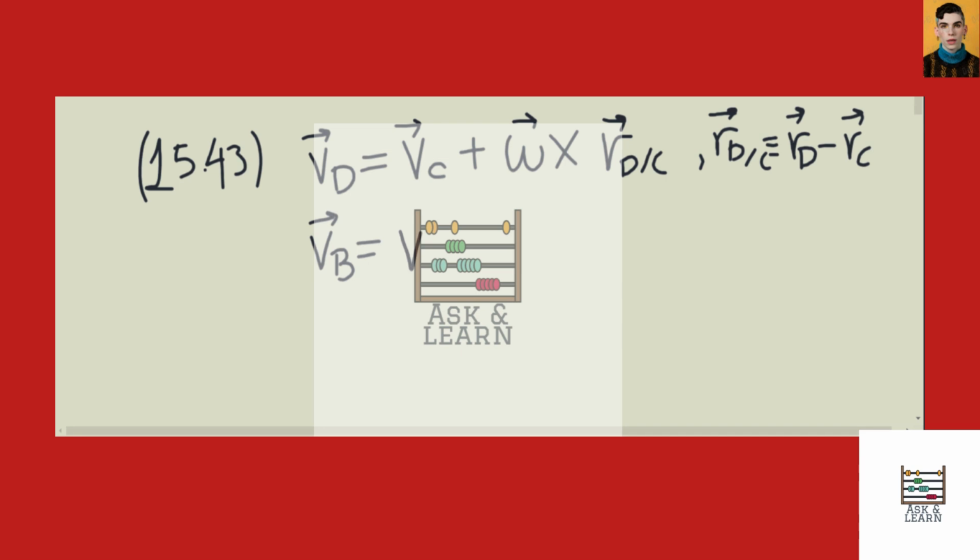Let's do the same for point B. Its vector velocity equals vector VC plus the cross product of the angular velocity times the relative position vector of point B with respect to C, which equals, of course, the position of B with respect to the origin minus the position of C with respect to the origin.